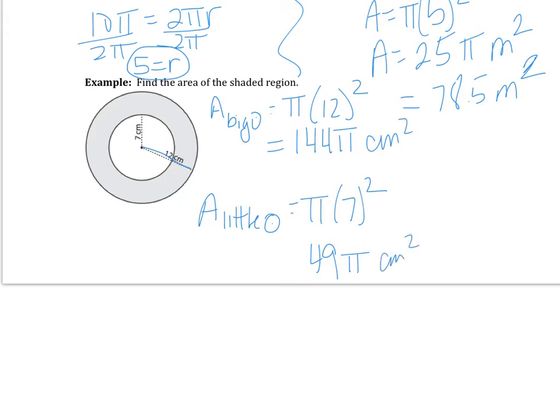So now I'm going to take the area of that big circle, 144 pi, subtract the area of my small circle, 49 pi, and again this is centimeters squared for both of them.